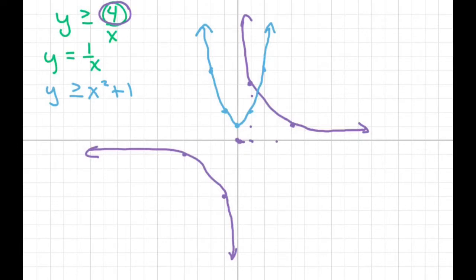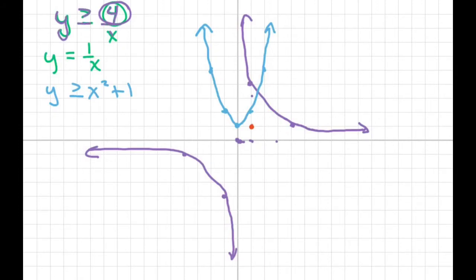So now what we need to do is shade properly. For this one it says y is greater than or equal to 4 over x. So we want to plug in values. We can't plug in 0, so let's plug in 1, 1 here, and see if we're shading down.